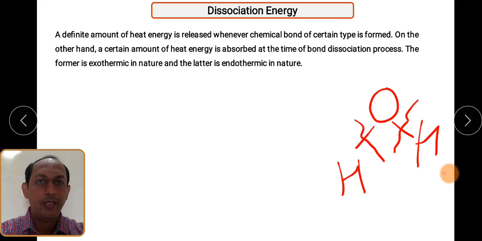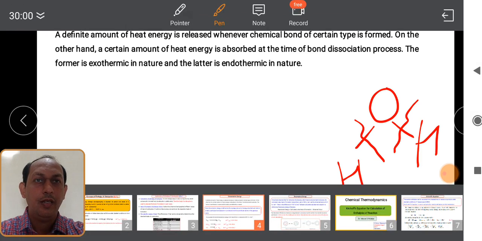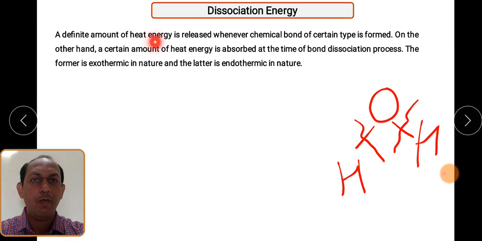Okay, so let us see the definition. It is the definite amount of energy released whenever a chemical bond of a certain type is formed. On the other hand, a certain amount of heat energy is absorbed at the time of the bond dissociation process. Former is exothermic in nature and latter is endothermic in nature.